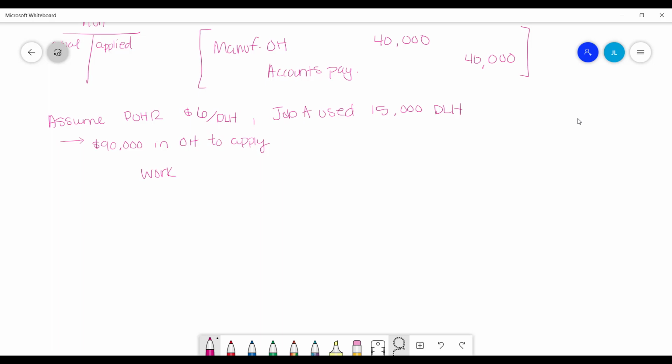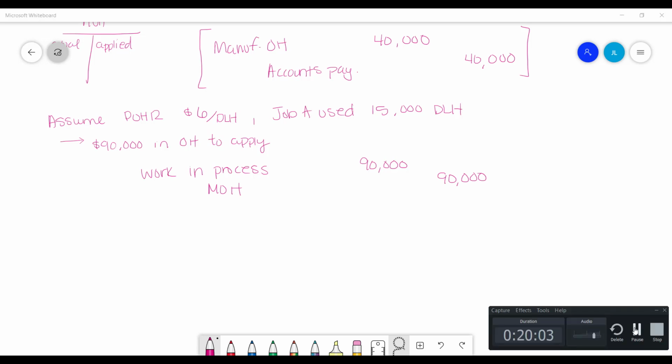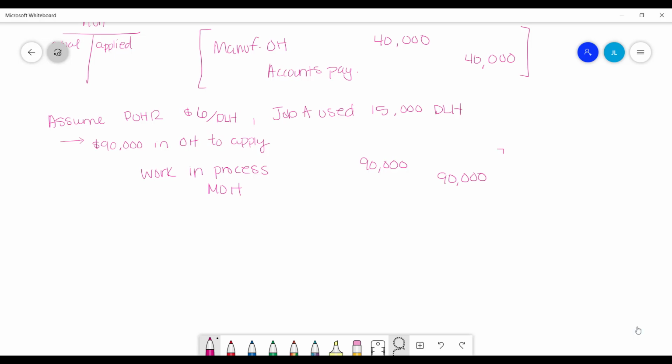Well, we're going to debit work in process when we apply overhead. We're going to debit that for $90,000, and then we're going to credit manufacturing overhead for $90,000 as well. So it's this entry right here where the work in process account actually will receive overhead only when you apply your overhead.